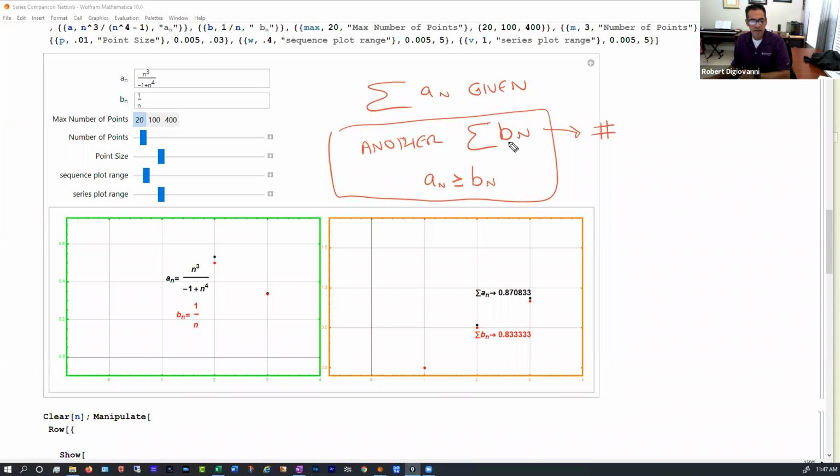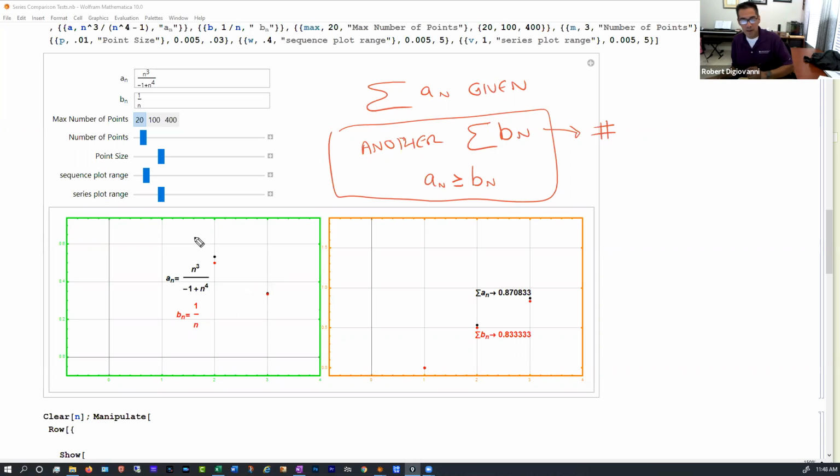Can someone explain that? Because the one above could increase. Exactly. So the one that's in red, we know that converges when you add them up. But all the black dots are bigger. So since they're bigger, they could converge when you add them up, but it could also take off to infinity.